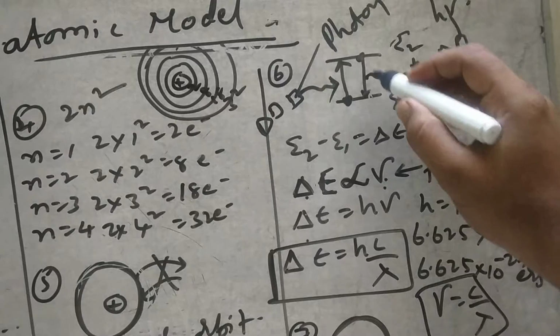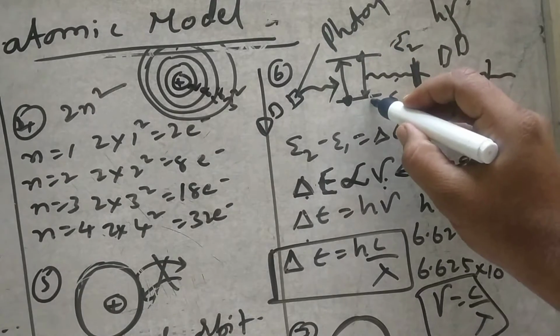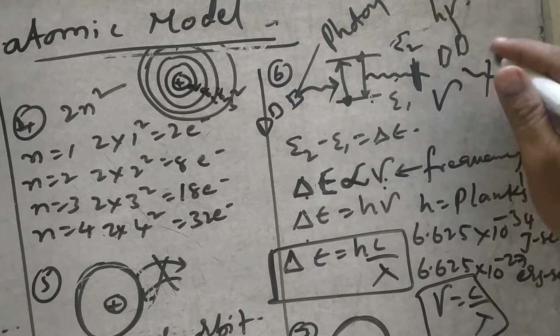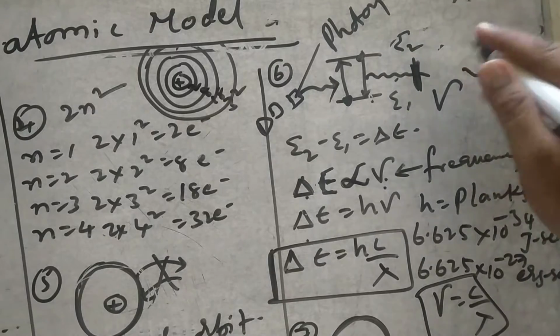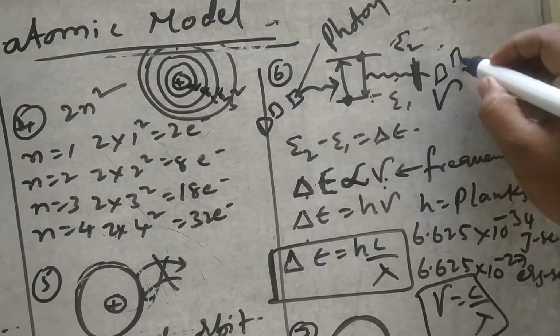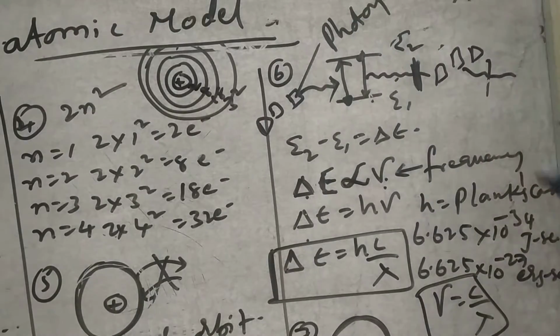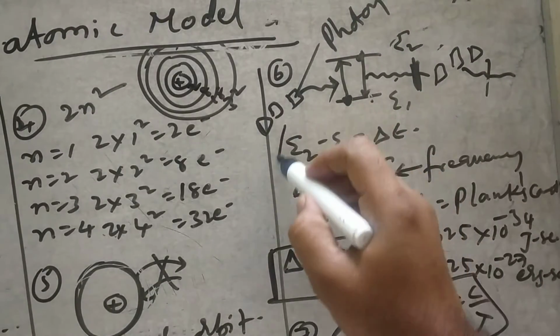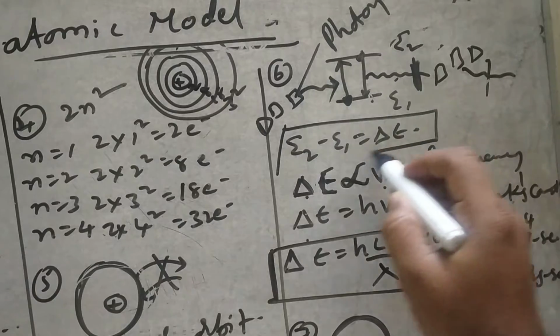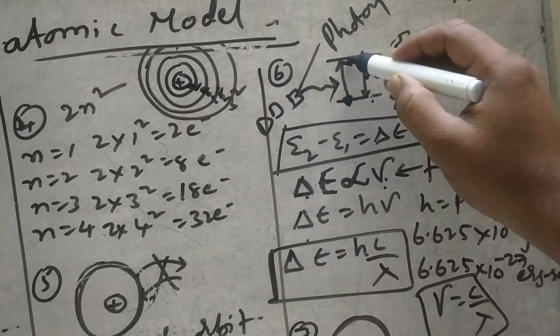If an electron jumps from a higher level to a lower level, energy is released in the form of energy packets, and this packet is also a photon.